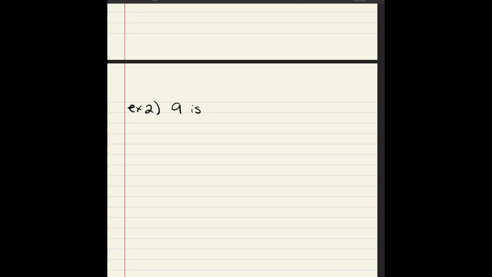9 is 25% of what number? So what's my first step? To write my percent as a fraction, so let's do that. And can this be simplified?